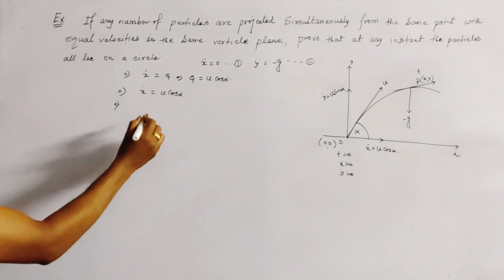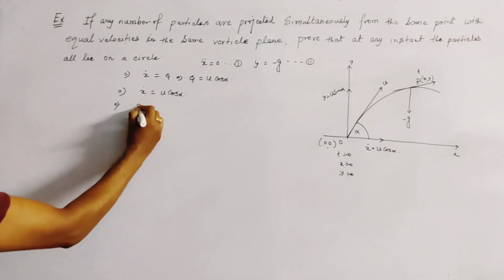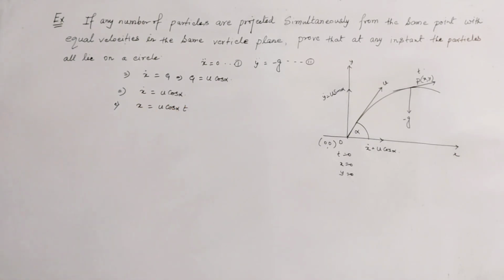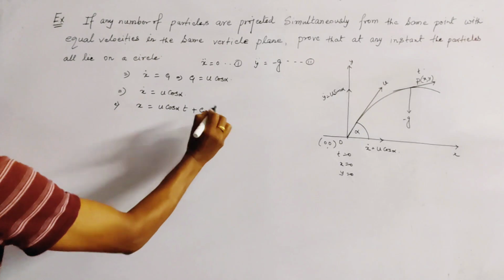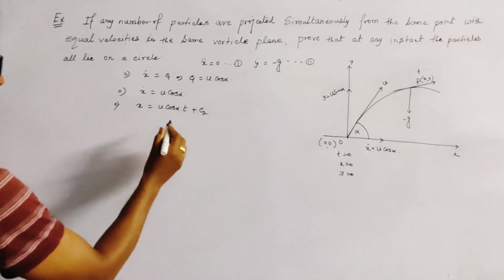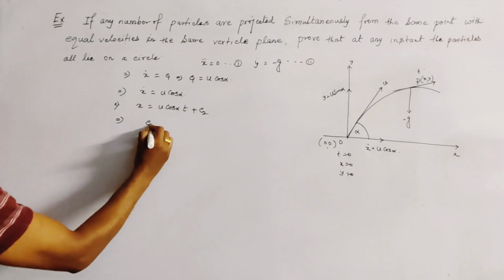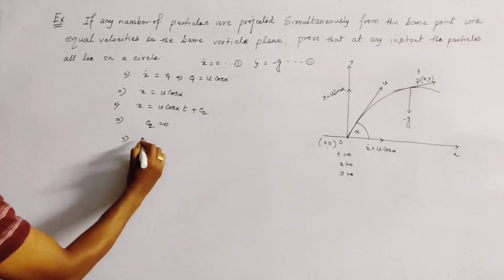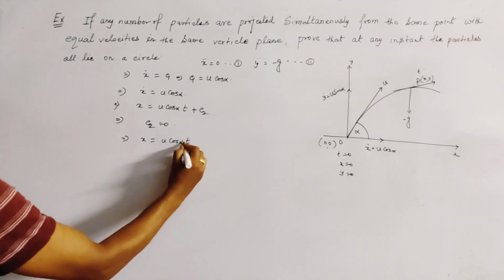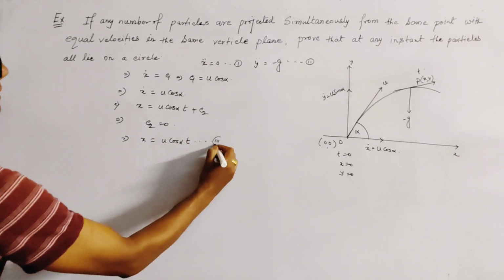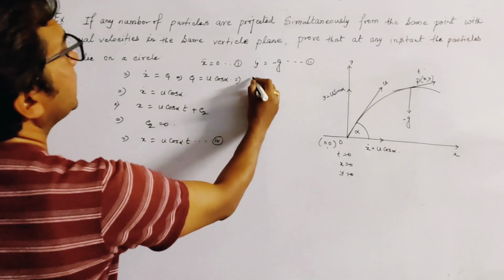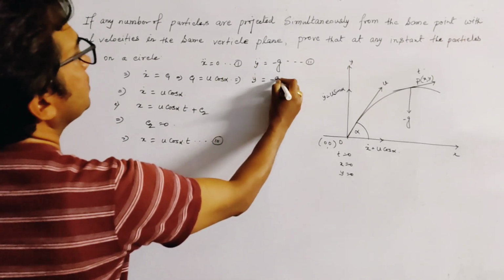Again integrate with respect to t, obviously x equals u cos alpha into t plus c2. Again we put the initial condition t equal to 0, x equal to 0, and clearly c2 equals 0, so we get x equal to u cos alpha into t. Let this be 3.